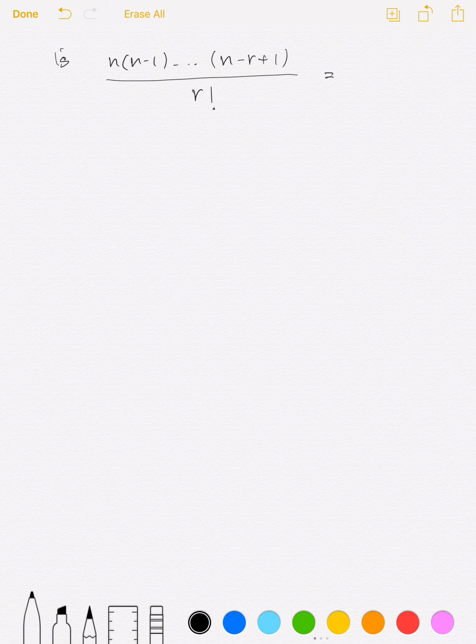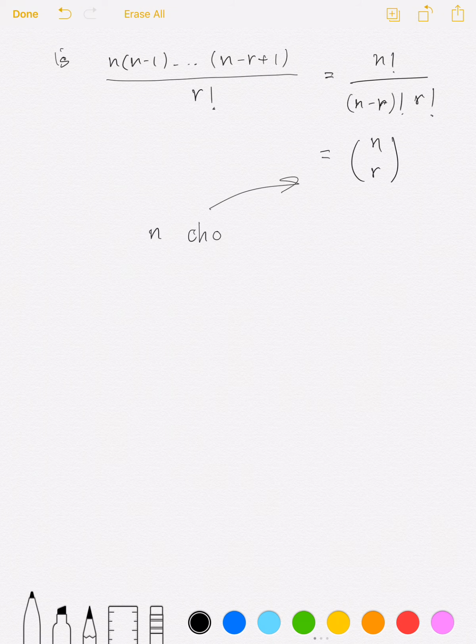So when we write it this way, it is n factorial over n minus r factorial and then r factorial. In general we write it like this, and usually I would call it n choose r.